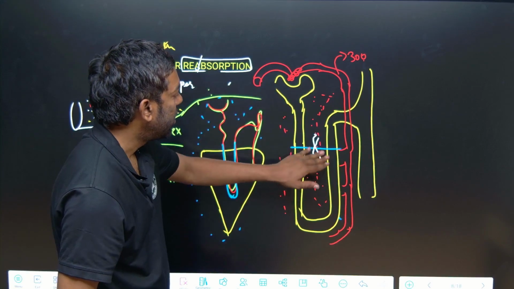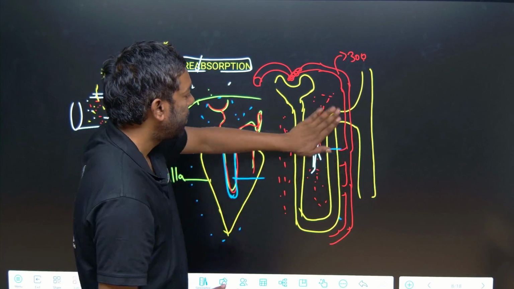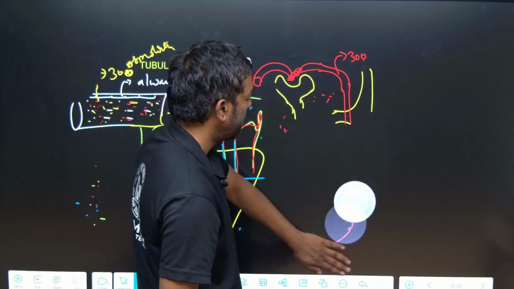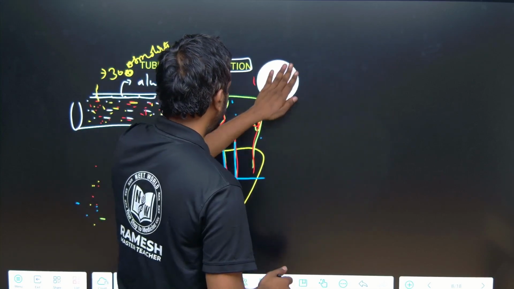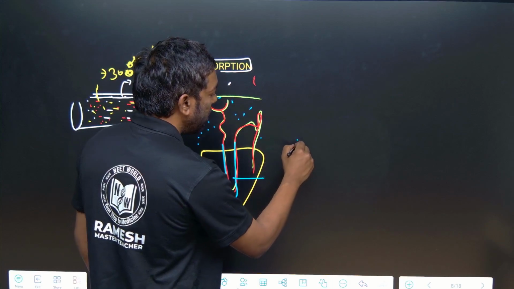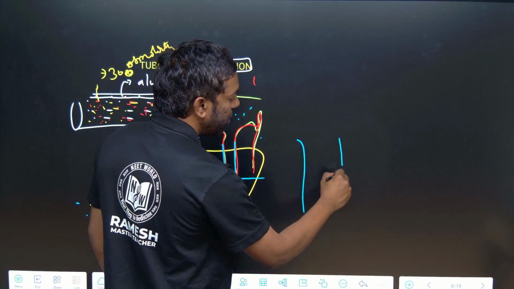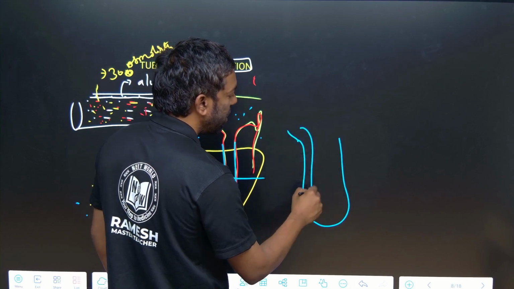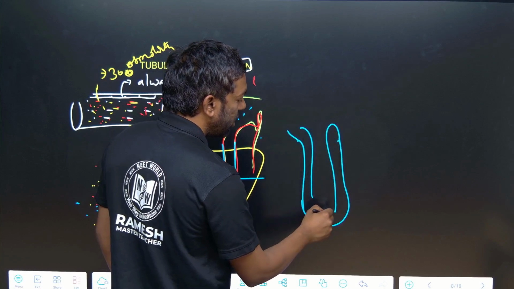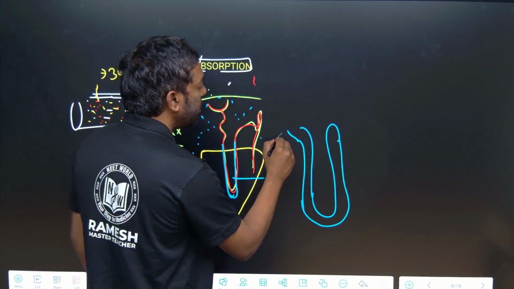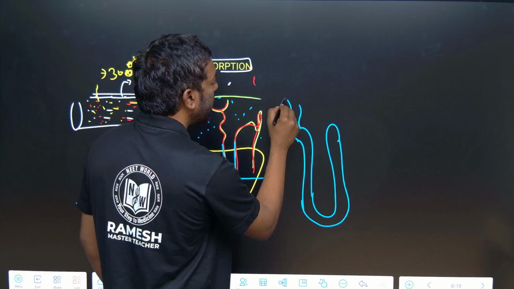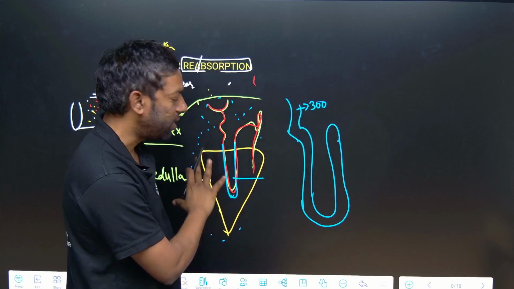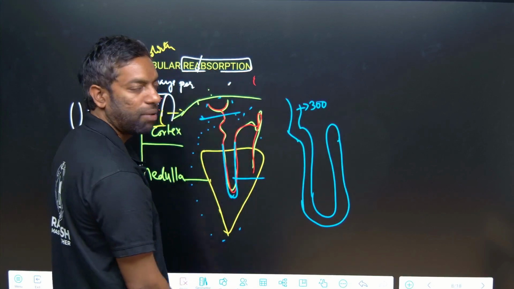If we come to the nephron, like the medullary part, this medullary part, the Henle loop, the osmolarity will increase. First, the cortex region has 300 osmolarity, like blood.